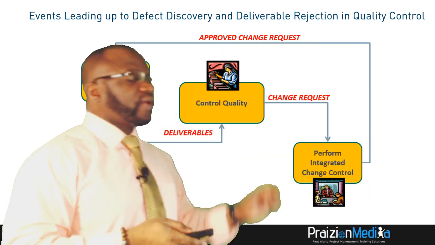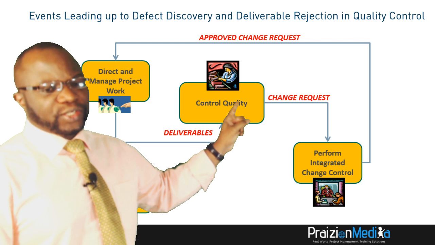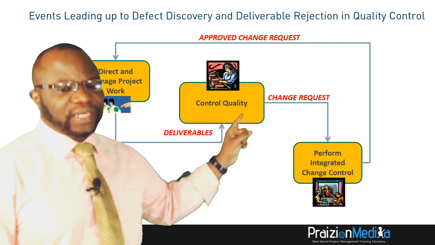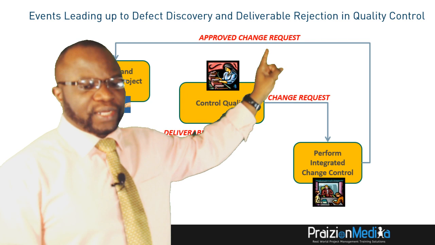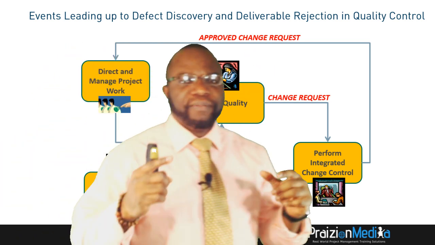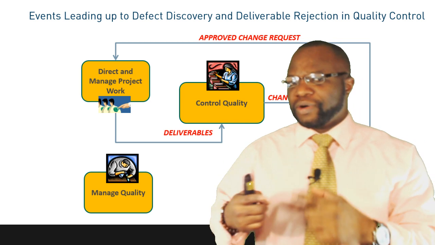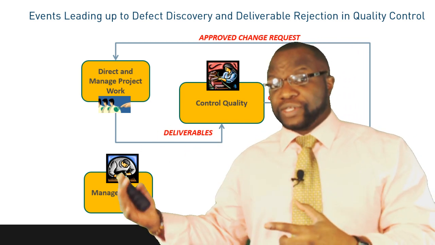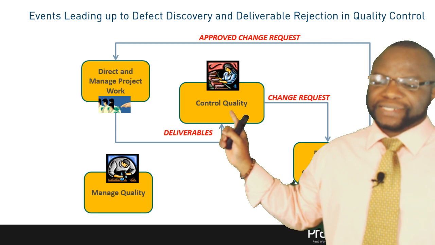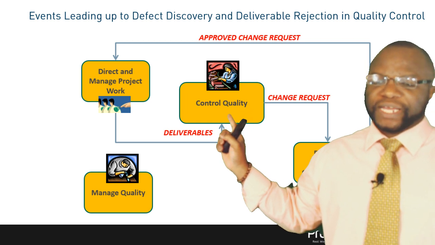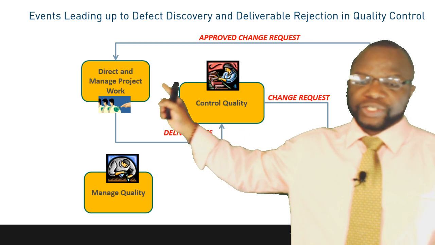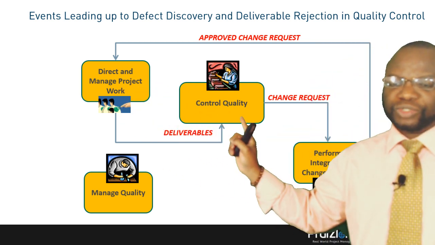And don't forget that this approved change request is also going to be an input to none other than control quality. In other words, we see this approved change request also going into control quality. Why? Because the idea is that on the second go round, when we finally get this approved change request, we are going to inspect the approved change request by making sure that what was approved is not only done, but is also checked.